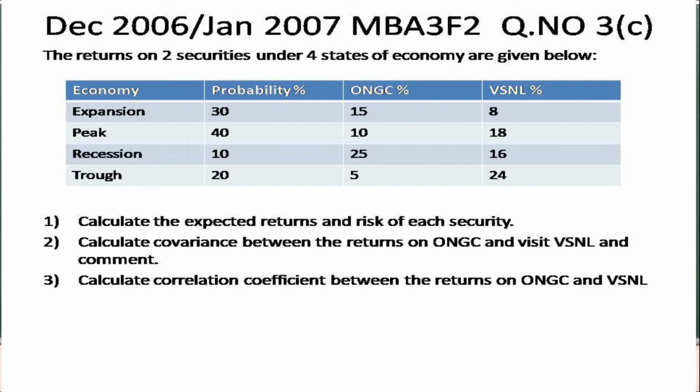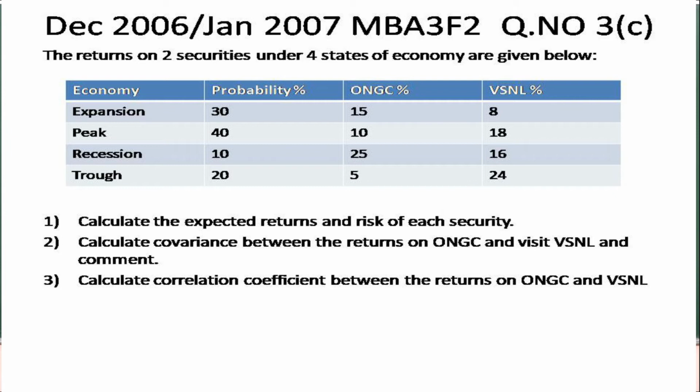The economy has expansion, peak, recession and trough. And the probability they have given for ONGC as well as VSNL is 30 for expansion, 40 for peak, 10 for recession and 20 for trough. ONGC they have given 15%, 10%, 25% and 5%. VSNL is 8%, 18%, 16% and 24%. This is how they have given the values.